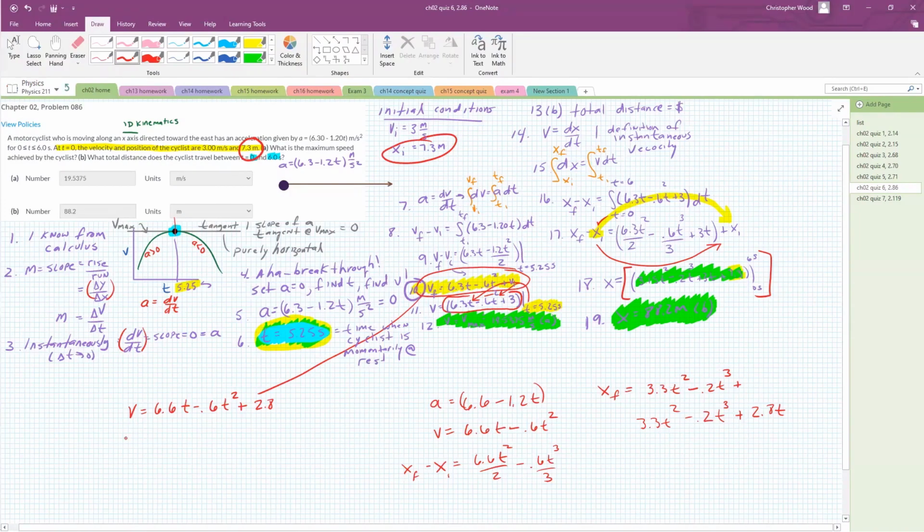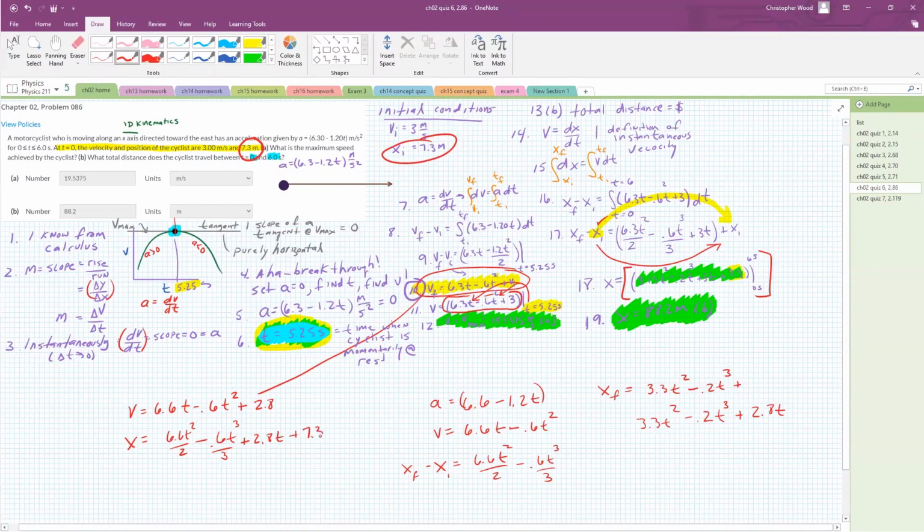All right, so then your X is going to be 6.6 T squared over 2 minus 0.6 T cubed over 3 plus 2.8 T plus, and then once again, what was your initial X position? 7.3.